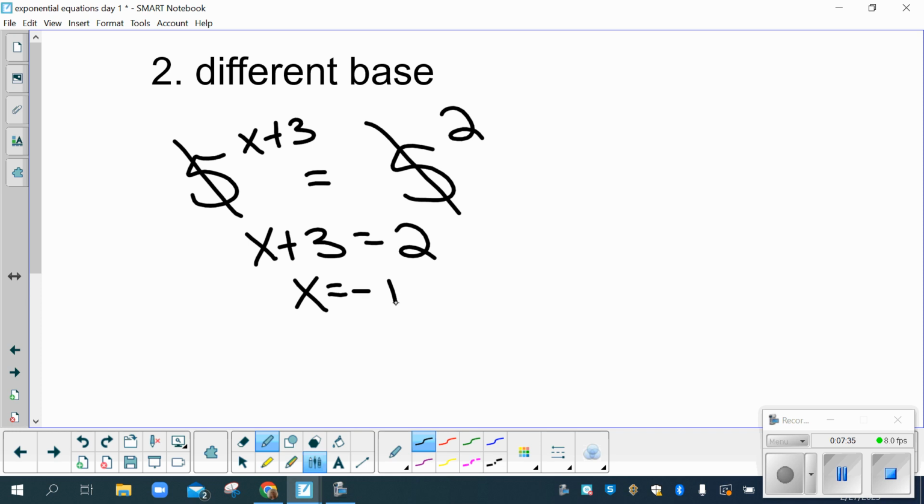So how about this one? Let's see if we try this one. 3 to the... I'm making them super easy because I want you to get the math of it. What is that?